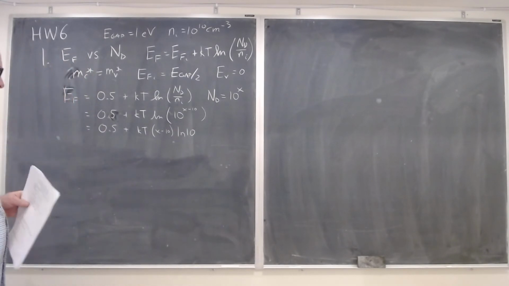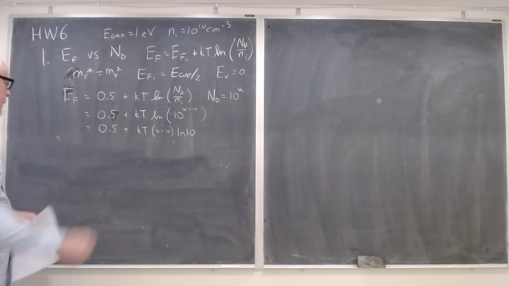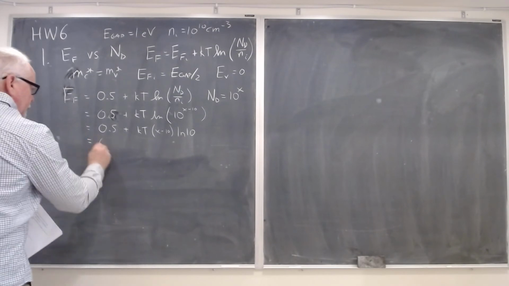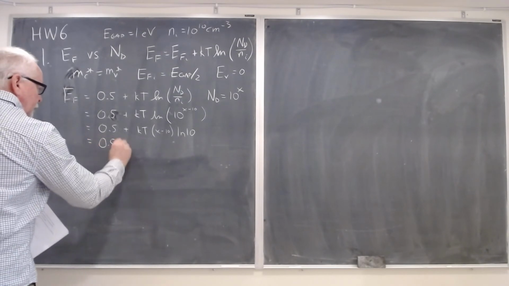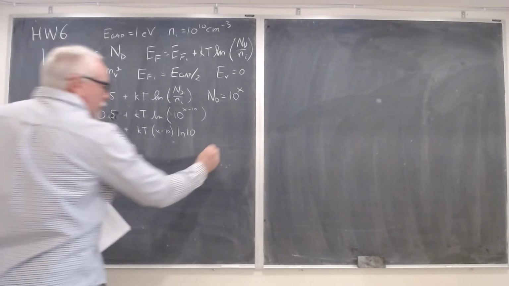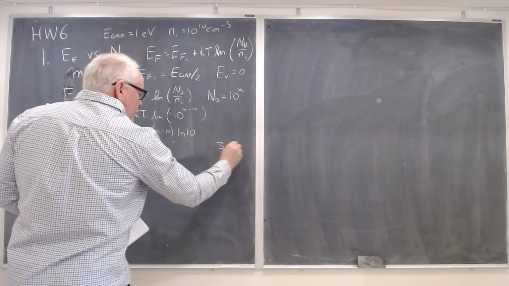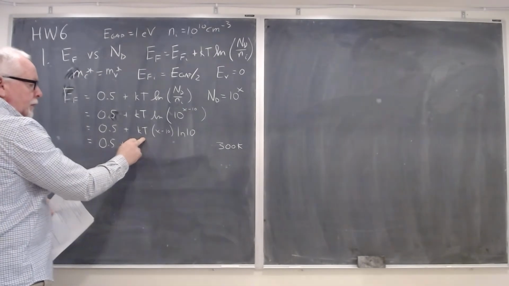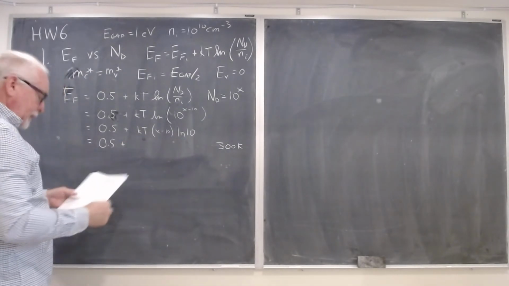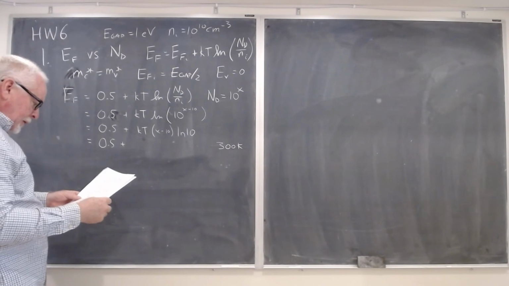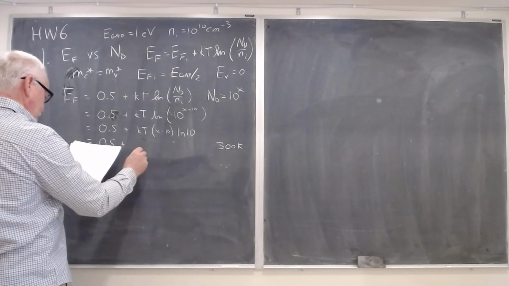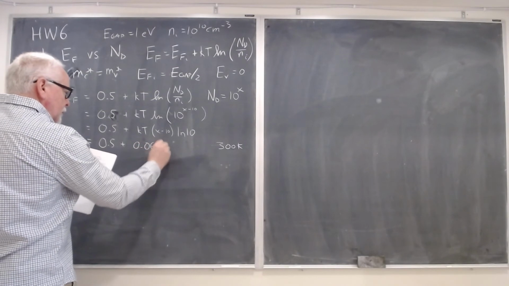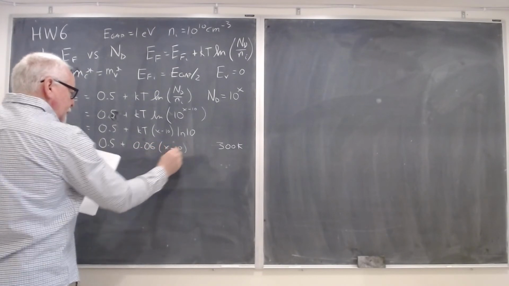I'm going to sort of simplify things a little bit here. And that's then 0.5 plus, for 300 Kelvin, KT is 0.026, and so multiply that times ln 10, which is about 2.3, we get 0.06 times x minus 10.